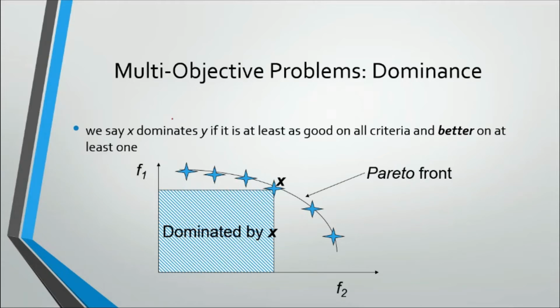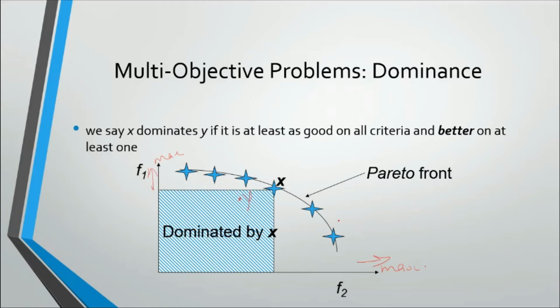Suppose we have a solution x here and a solution y here. Suppose this is a maximization problem, max here and max here also. Maximization of f2 means it should be towards the right end, and maximization of f1 means it should be towards the top end.